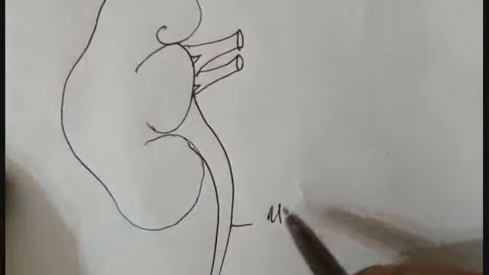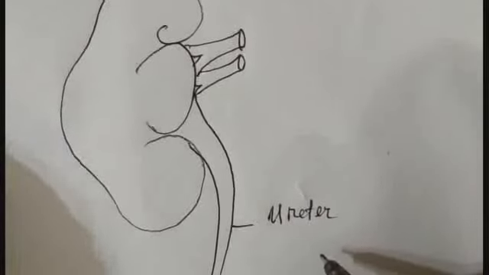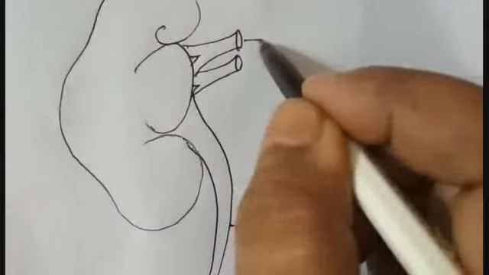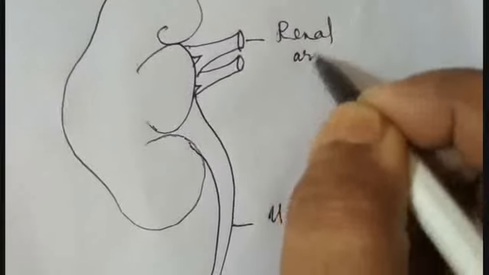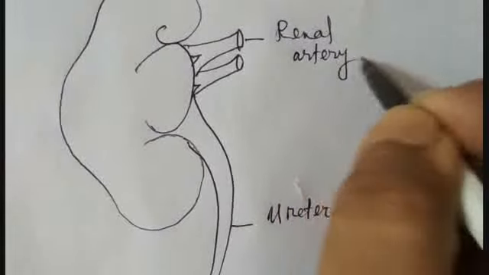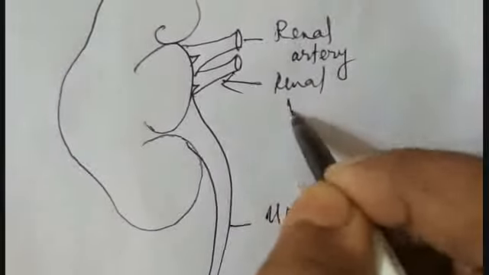This is the ureter. This is the renal artery, and this one is the renal vein.